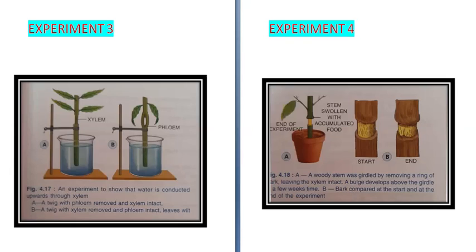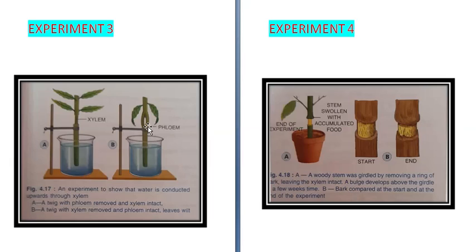Now from the first one, the outer ring of the stem is removed. Now the outer ring comprises phloem, so only xylem is there. In the second one, the inner ring is removed and only the outer one is here. So phloem is there, xylem is missing.